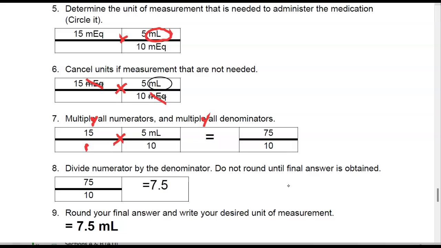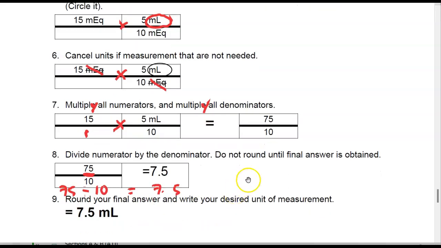Then, after that, you divide the numerator by the denominator. So you have 75 divided by 10. So then you have 7.5. Now, is this our final answer?